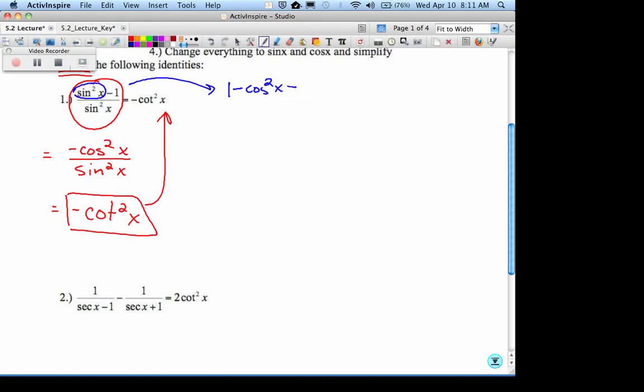I still have the negative 1. What's going to happen in the blue figure? The one's positive, one's negative, get rid of it. And you're left with negative cosine squared of x over sine squared of x, which we know is negative cotangent squared of x.